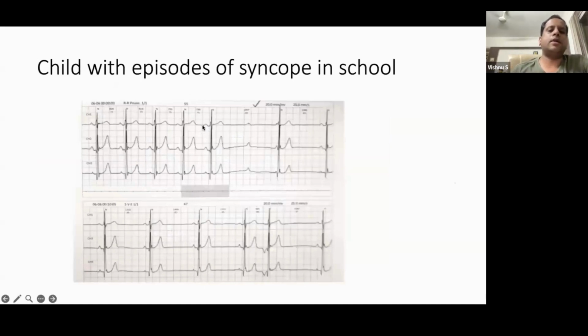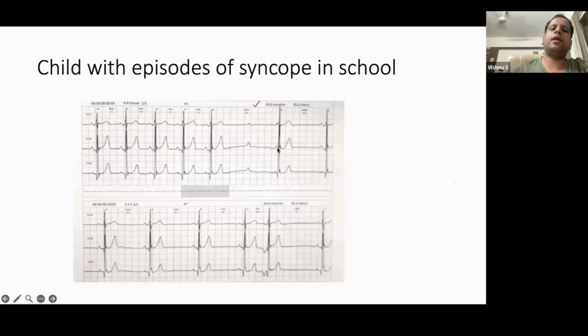This is usually seen in school children, with childhood episodes of syncope in school. During the ECG examination you will see sudden slowing and non-conduction of a P wave. This is a non-conducted P wave. It is usually due to vagotonia, because after the conducted P wave there is slowing of heart rate and broadening of the PR interval.